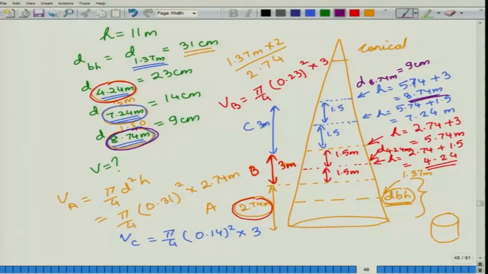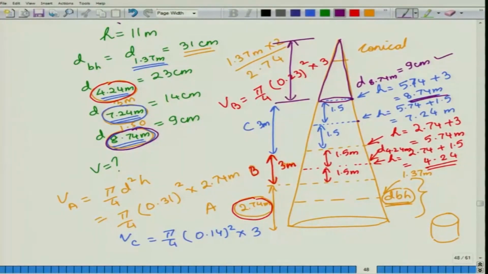Why have we already measured the diameter at this point? Why do we need to measure the diameter at this point? This is because we can now consider this top portion to be a cone. In the case of this cone, we have the bottom diameter, which is given as this. Now, the next thing that we need to figure out is the height of the cone.